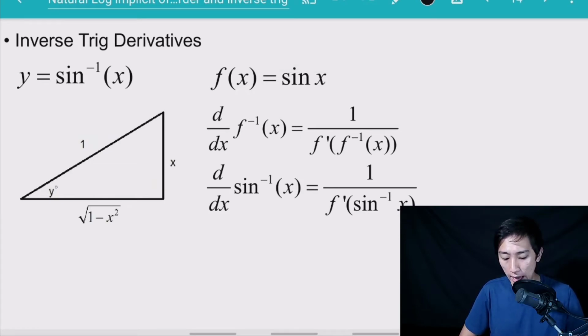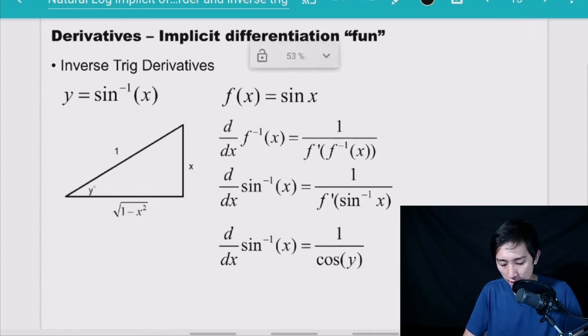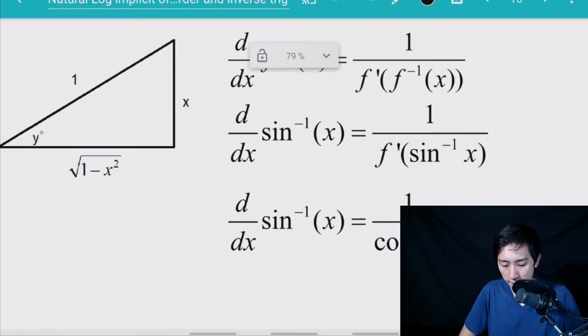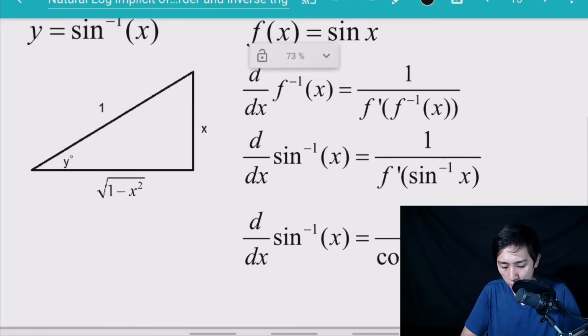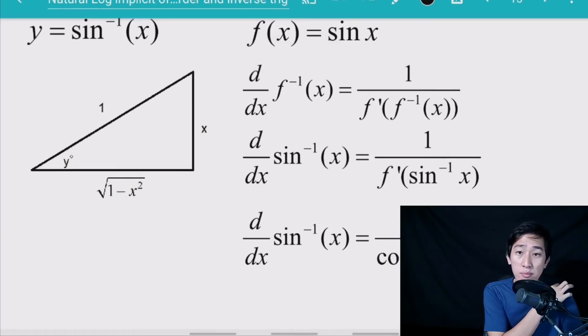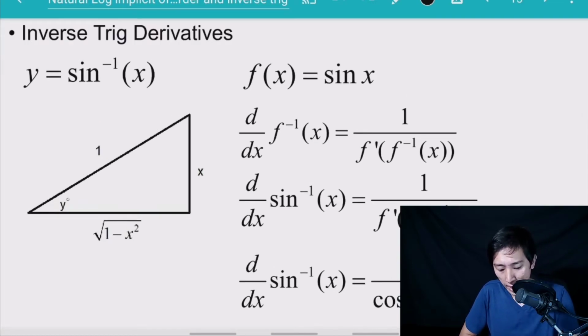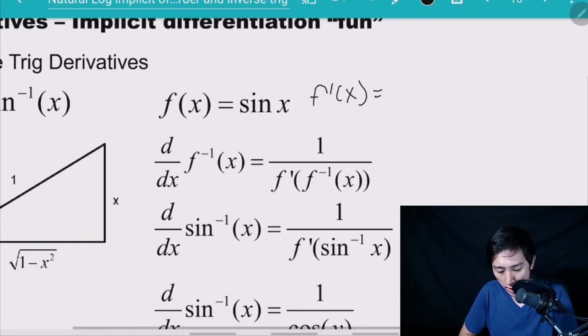I'm going to call my f of x sine x, so my f inverse of x is going to be sine inverse of x. Basically what we're going to do is replace our f prime of x with cosine of x, because if my f of x is sine, that means f prime of x equals cosine x.